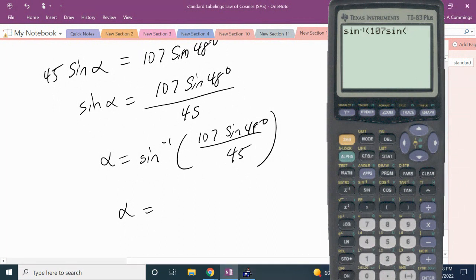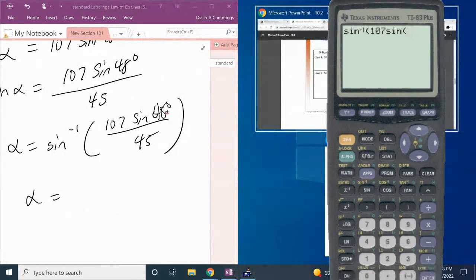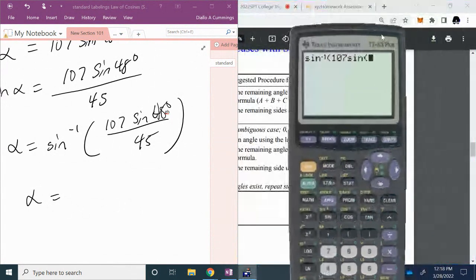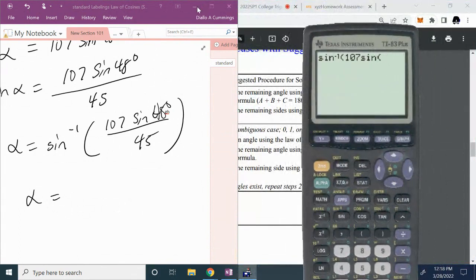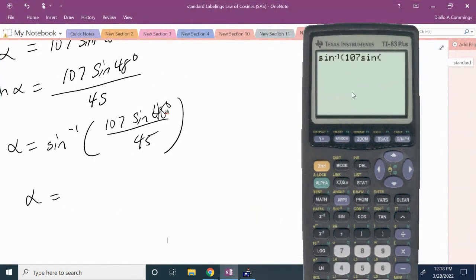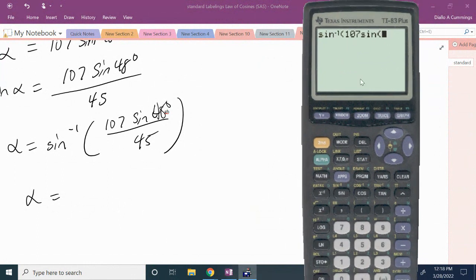That should be a 48. The sine of 48 degrees. Be mindful to close off the argument for sine, divided by 45. Close off the argument for arc sine, and I get an error.